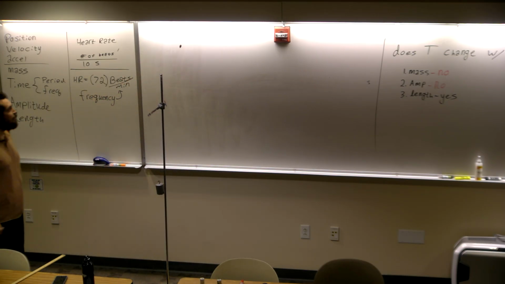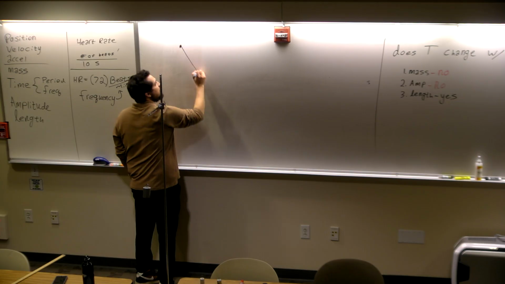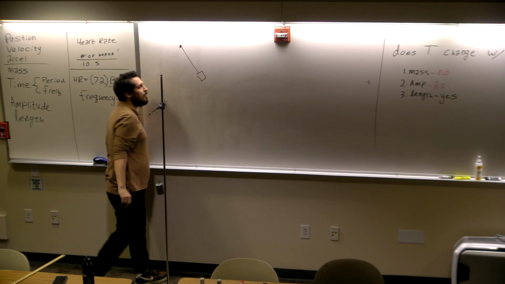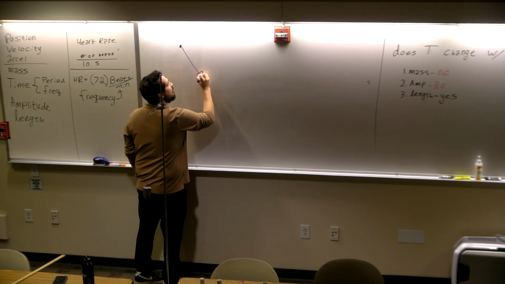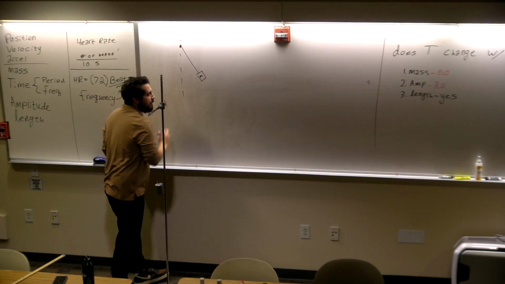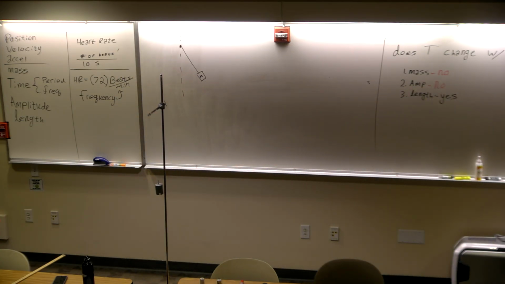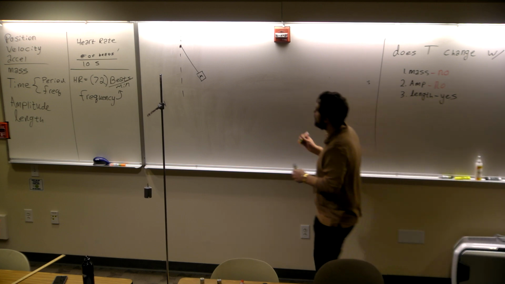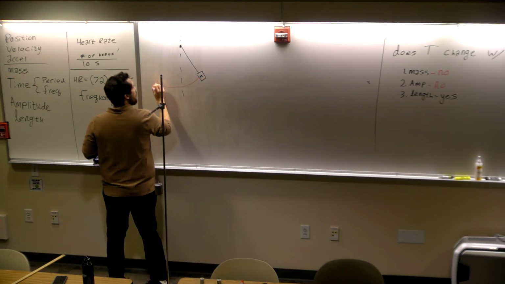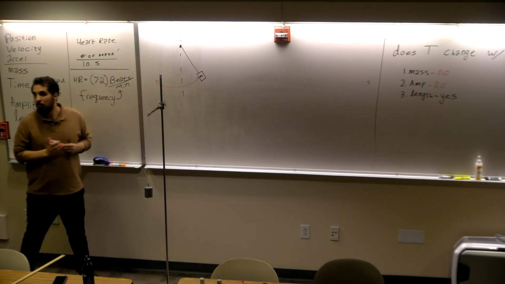I'm going to draw a picture of our pendulum. Pretty simple. We have our pendulum with some mass at the end of it. And our pendulum is going to swing back and forth along this arc.